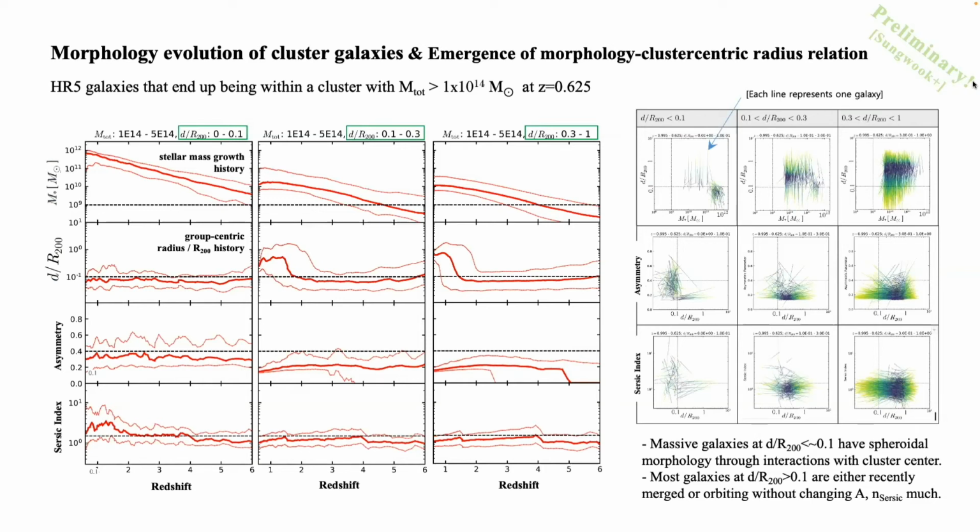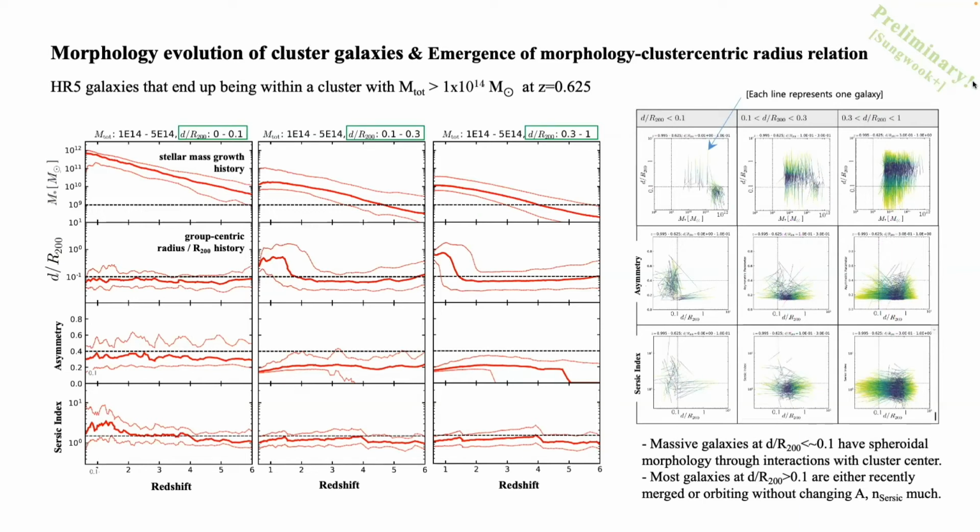So you can see, in this column are the galaxies which end up inside the core of the galaxy cluster at z equal 0.6, less than 0.1 virial radius. And these are the galaxies which arrive at the outskirts of clusters.